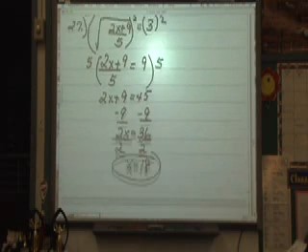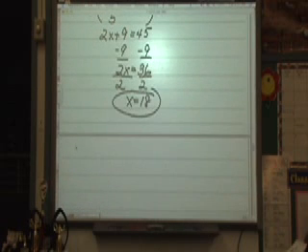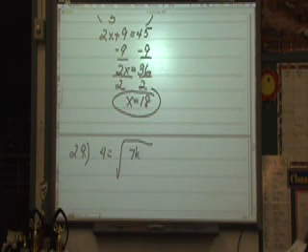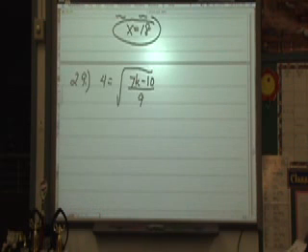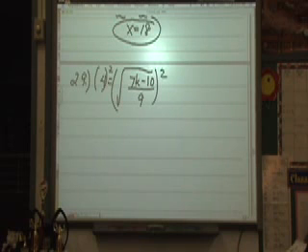And 29. 4 equals the square root of 7k minus 10 divided by 9. The radicand is by itself, so you can square both sides. And you have 16 equals 7k minus 10 over 9.